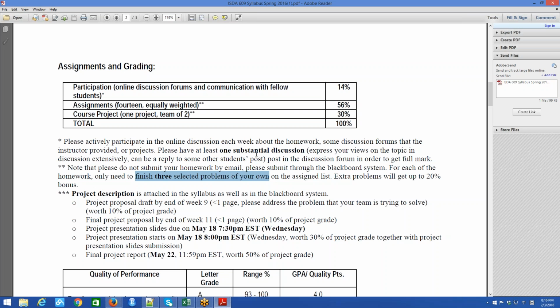I didn't write it specifically here, but I allow you to submit your homework late 3 times throughout the semester. But you have to let me know before you are going to be late. For example, this week you say, okay, I cannot make it this week because of my work schedule, because of my family issue, etc. Then you say, I will try to submit next week along with homework 2, and you can let me know.